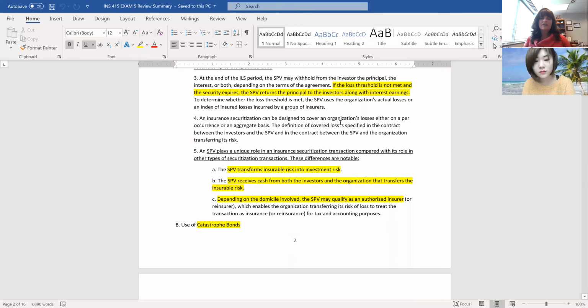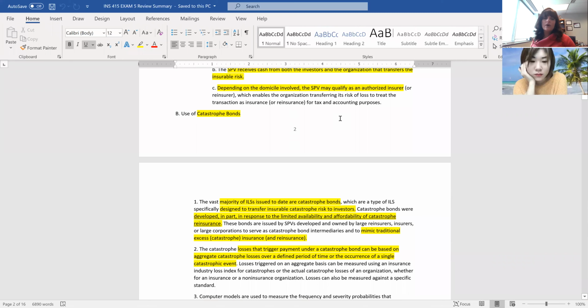An SPV actually takes insurable risk because you're paying them money with the promise that they're going to pay you if you have a loss, and they're turning that into an investment risk, meaning they're turning it over to a capital investor who's willing to invest money in it. So they're actually creating a new market of investments. Like I said, it's fully collateralized because they're getting cash from both the person who's investing money from the capital market and those organizations that are transferring their insurable risk.